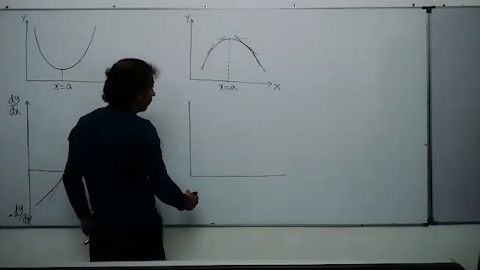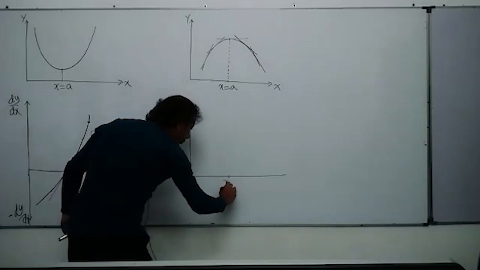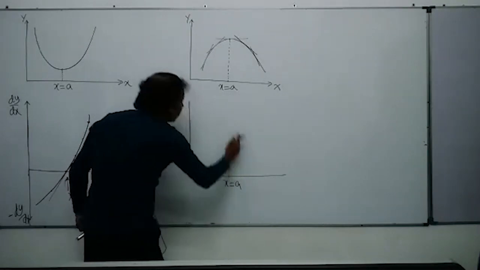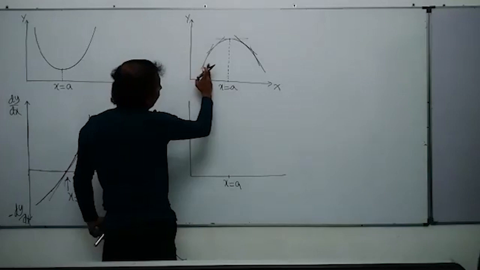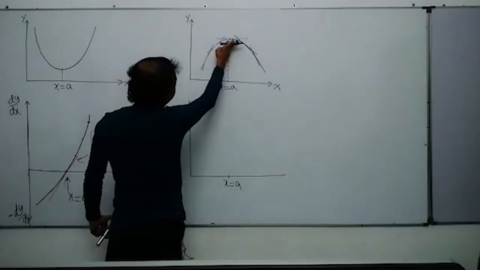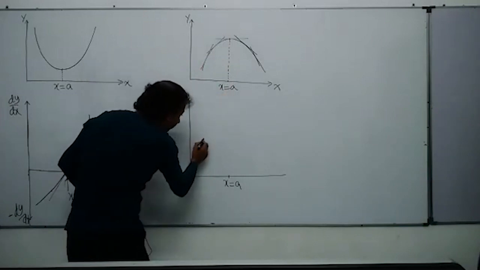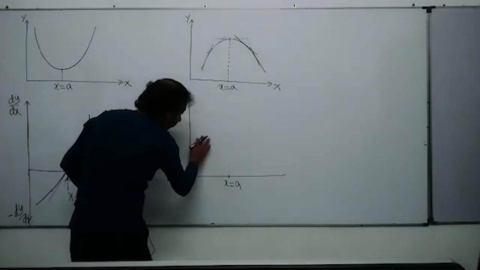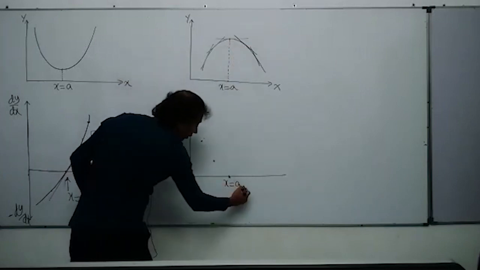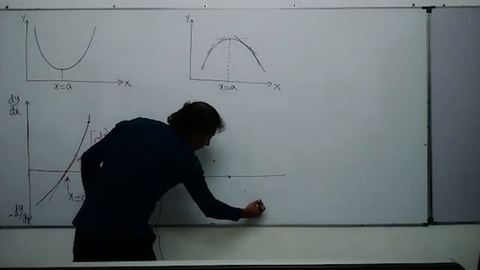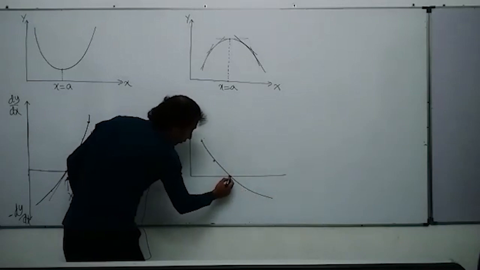At x equals a, dy by dx is 0. Before x equals a, on the left of a, dy by dx is positive, but as we move along the graph towards this highest point, dy by dx decreases towards 0. This way we get the points. And after this point, dy by dx becomes negative like this. Then this is x equals a.